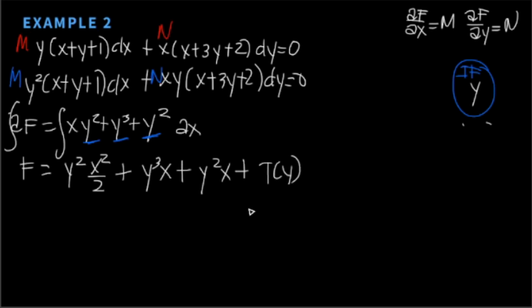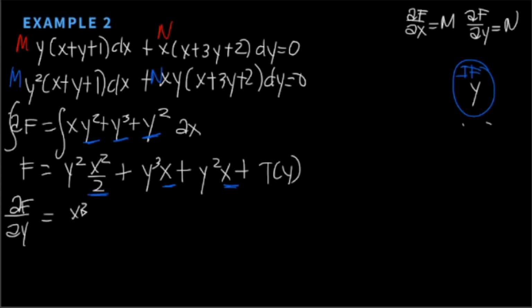So, ngayon is hanapin naman natin yung df over dy. I-differentiate natin tong nakuha nating f in terms of y para ma-equate natin siya sa n natin. So, df over dy is equal to, so note natin yung mga constants dito. So, ito yung constant natin, ito yung x na constant, ito yung x na constant.